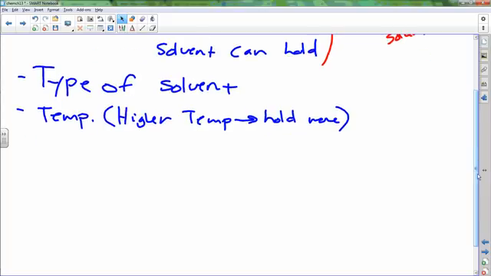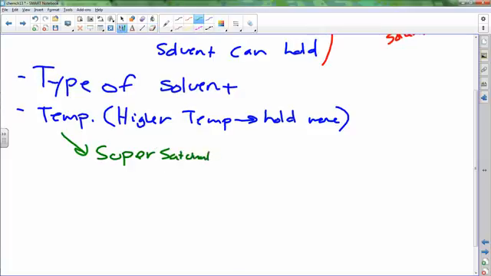Okay. Now, because of this, though, it is possible to make what's called a supersaturated solution. If we take something and we dissolve as much solute in it as we can, we would say that it is saturated, it can't hold anymore. What's cool is if you take a solvent and you heat it up, and you get it saturated so that it can't hold anymore, and then you slowly cool it down, it will actually be able to hold more of the solute than if you just took the liquid at that temperature and tried to mix it.